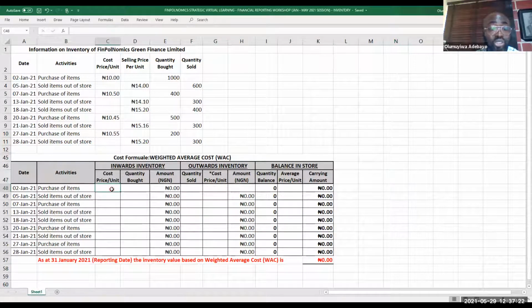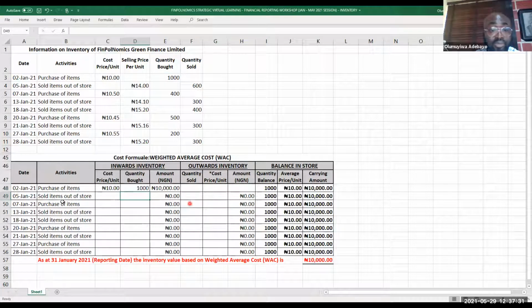For weighted average cost, we start with our purchases. We purchase at 10 naira. How many quantities? 1,000. Okay, on the 5th of January, we sold how many quantities? 600. Now, weighted average cost is so straightforward that it just picks the weighted average amount here, which means weighted average cost is used for commingled products. Products that are not separately identifiable.